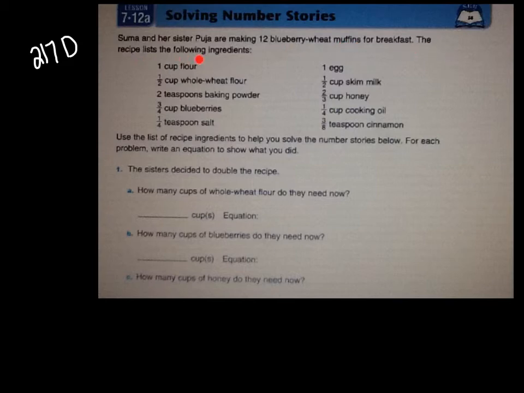The recipe lists the following ingredients: 1 cup flour, 1/2 cup whole wheat flour, 2 teaspoons baking powder, 3/4 cup blueberries, 1/4 teaspoon salt, 1 egg, 1/2 cup skim milk, 2/3 cup honey, 1/4 cup cooking oil, 3/8 teaspoon cinnamon. Use the list of recipe ingredients to help you solve the number stories below. For each problem, write an equation to show what you did.